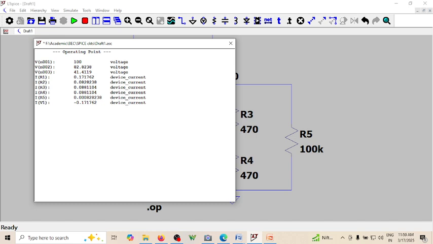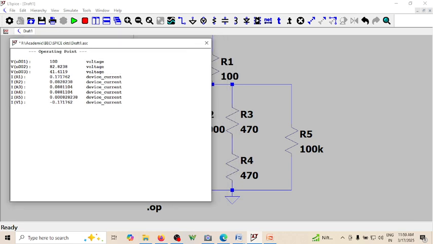The current through R3 and R4 are same because they are in series. We name this current as I4, which is IR5, which is nothing but 828 milliamperes.